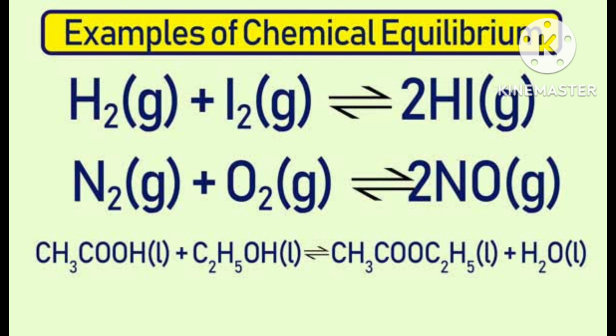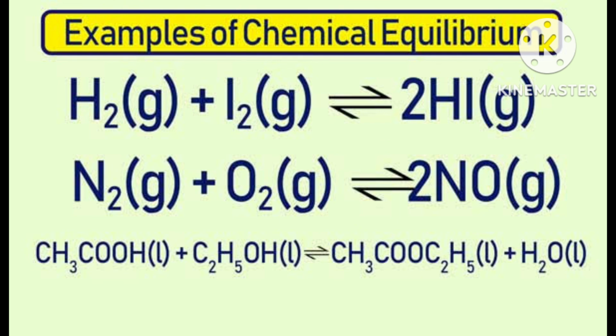Just like here we wrote half H2 plus half I2 giving HI, then HI divided by H2 power half and I2 power half, and Kc value you can write like that, Kc power half. Like that way here you can write Kc power n, where n is the number of moles. This you should always remember.